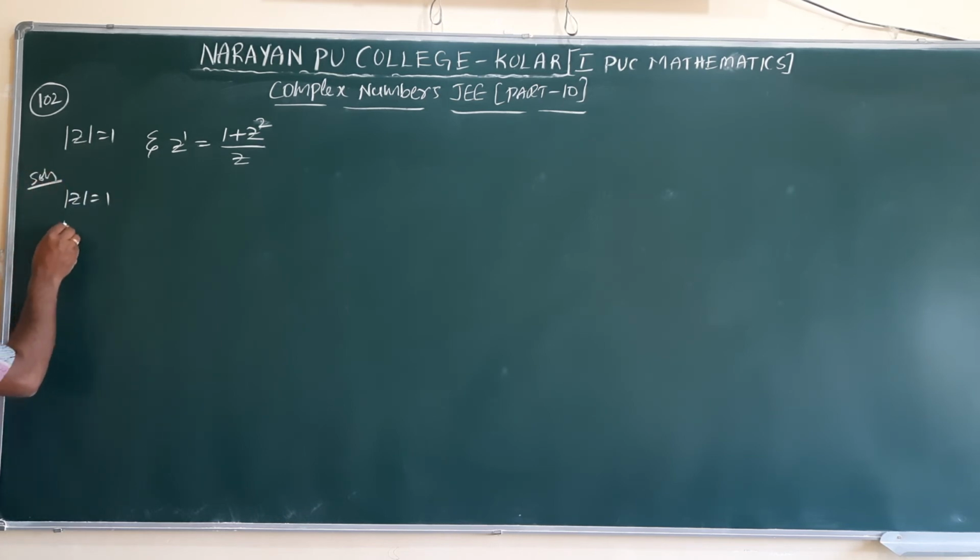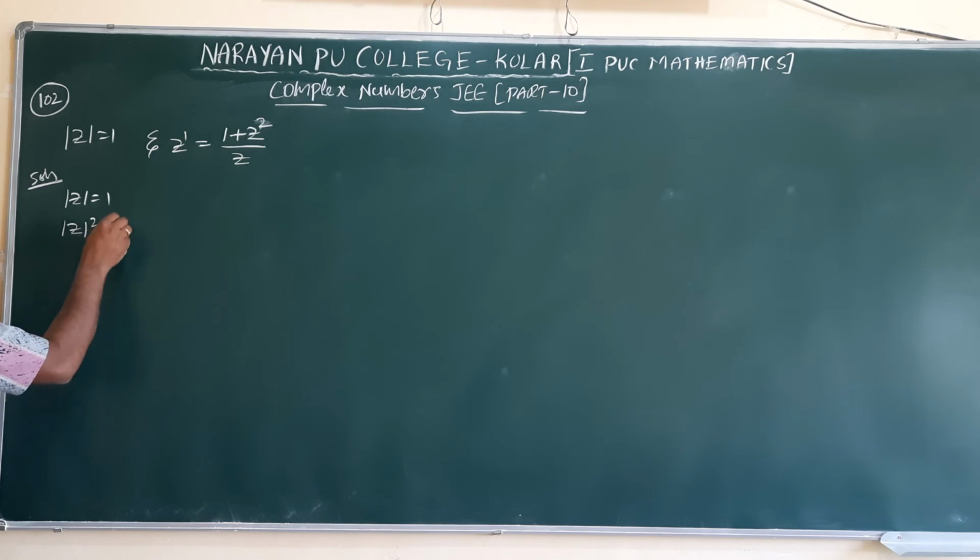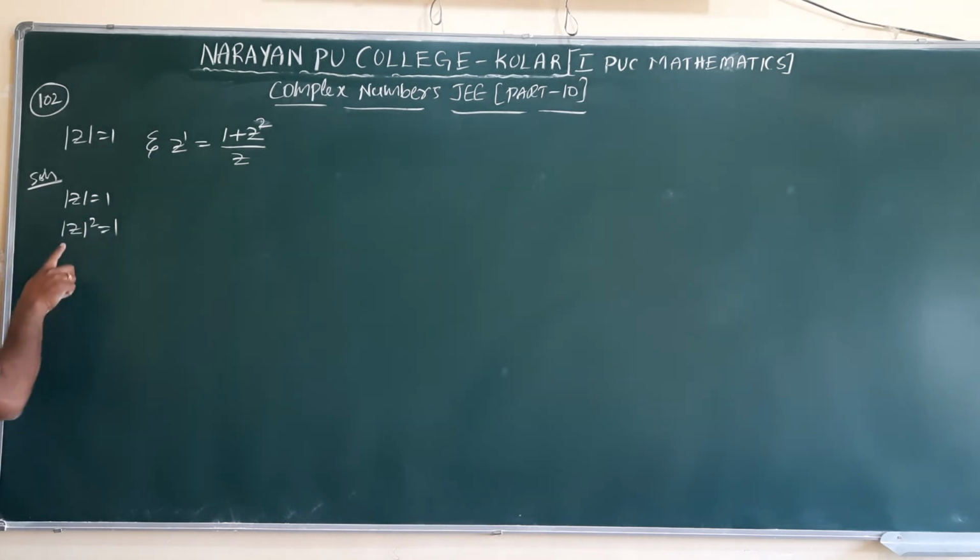So modulus of z square is also 1. Modulus of z square can be written as z into z bar is equal to 1.